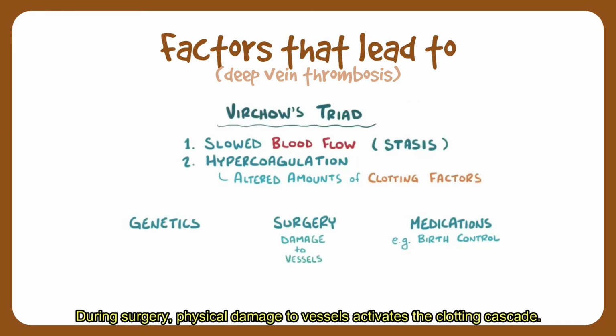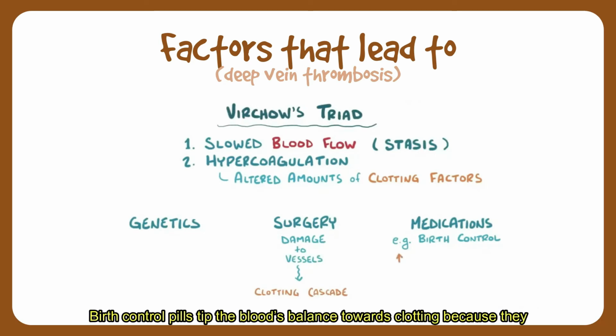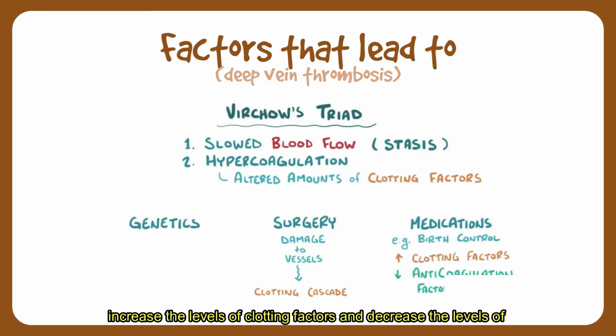During surgery, physical damage to vessels activates the clotting cascade. Birth control pills tip the blood's balance towards clotting because they increase the levels of clotting factors and decrease the levels of some anticoagulation factors like protein S and antithrombin.